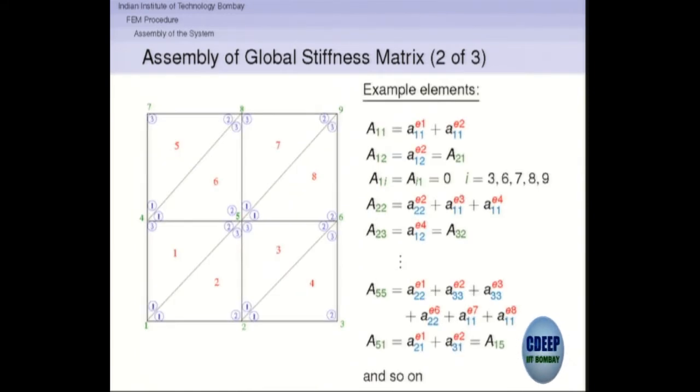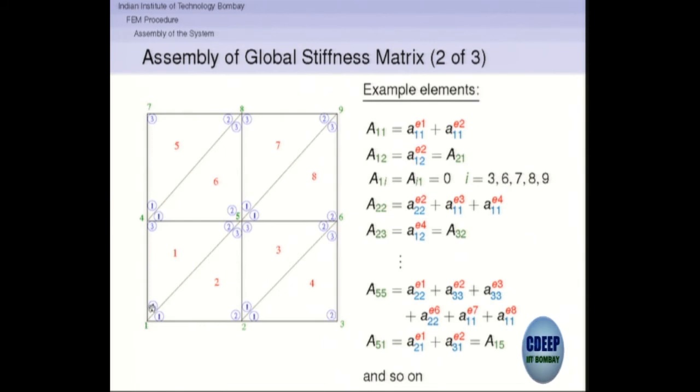So, that is how you can do it. This is by inspection, but actually if you write down and sum up, you will get this only. This is the intuitive way, or by inspection you can write. For example, capital A11, that means global 11, is small a11 of element 1 plus small a11 of element number 2. It is obvious because this is global 11, that means self.